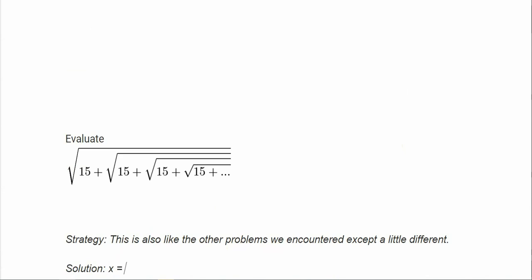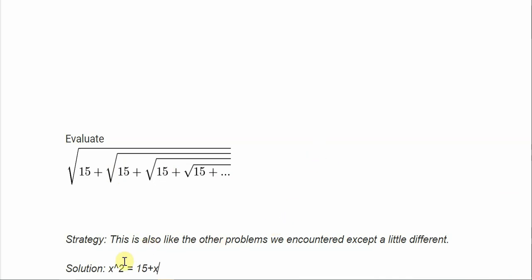Let's think really hard. Oh, I got it. Look at this. If we do x squared, then we get 15 plus this whole thing, which means x. Oh, that was really brilliant.